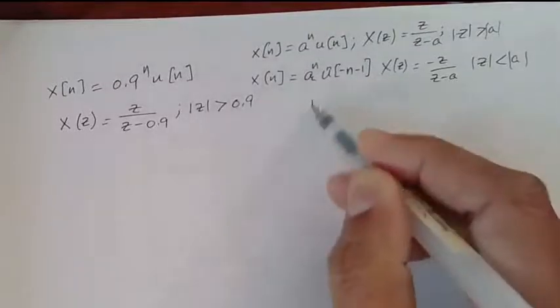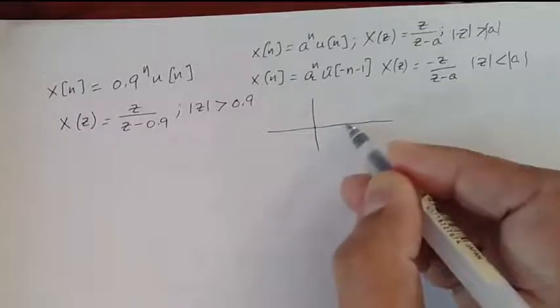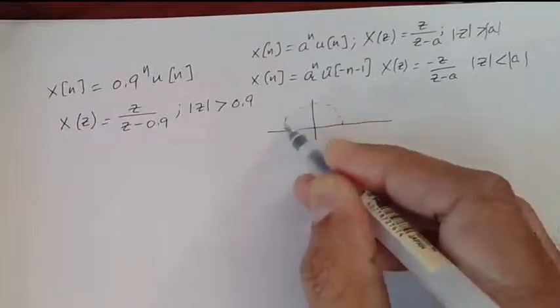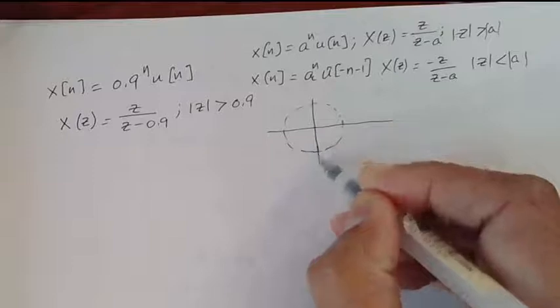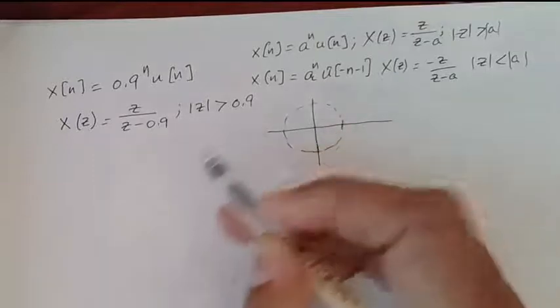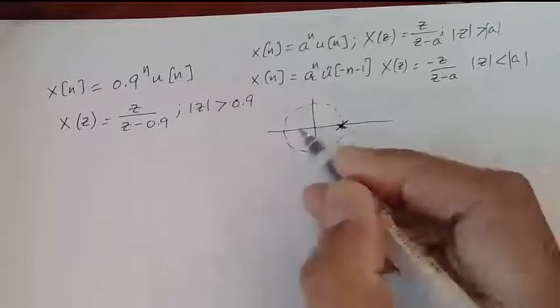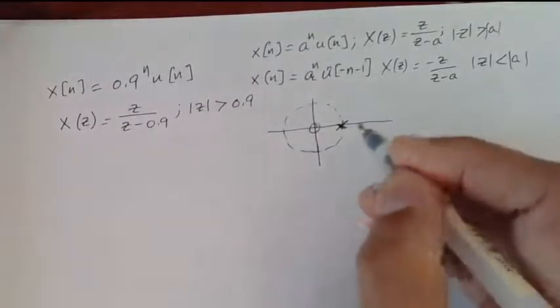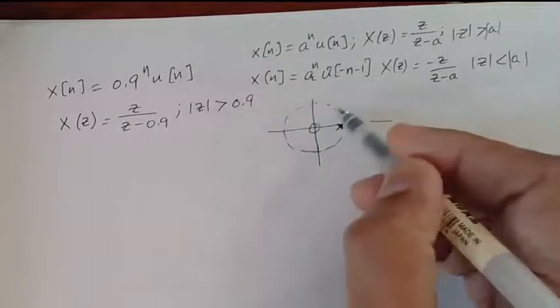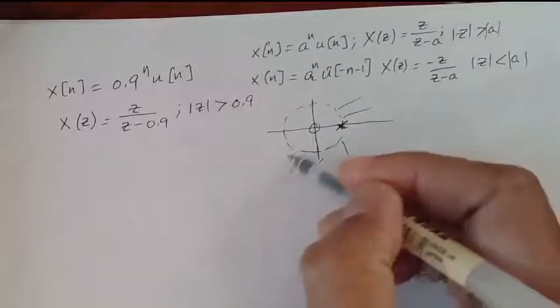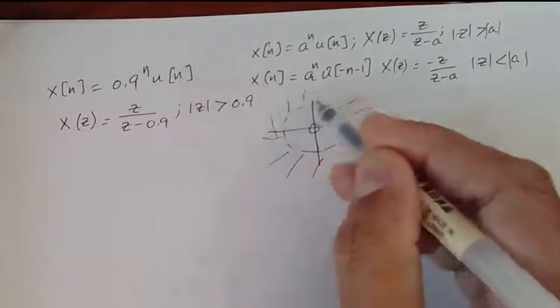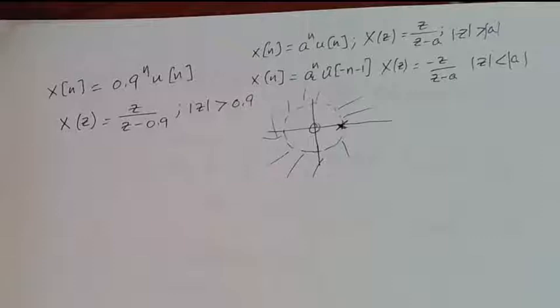So I have a circle of radius 0.9. This is z equals 0.9 is where my pole is, and I have a 0 at z equals 0. And my region of convergence is outside of the boundary determined by the pole.